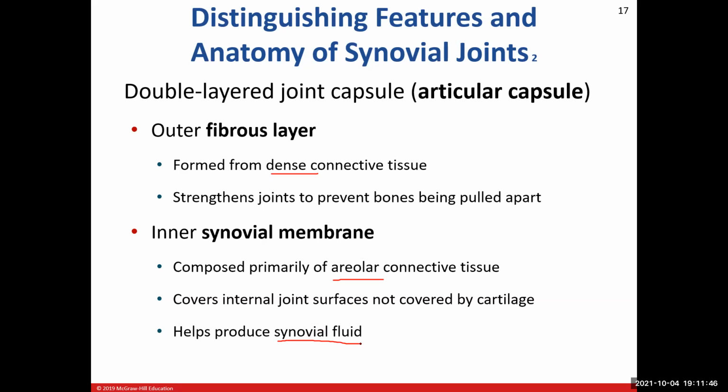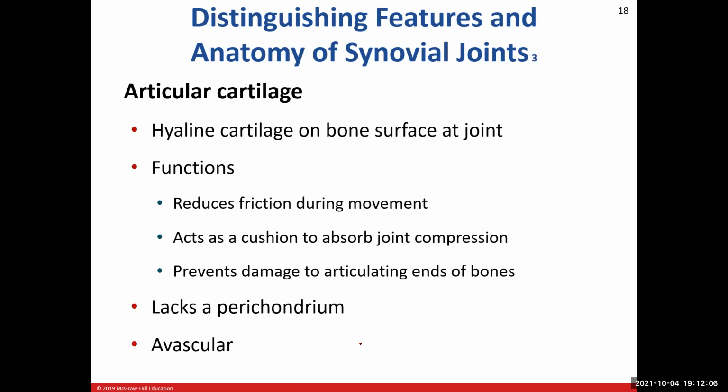So anywhere where there is no articular cartilage, you will see the synovial membrane there. You don't want it covering the articular cartilage because every time you move, the two bones would squeeze together, they'd pinch the synovial membrane and damage it. So you just don't even put the synovial membrane on top of the articular cartilage.